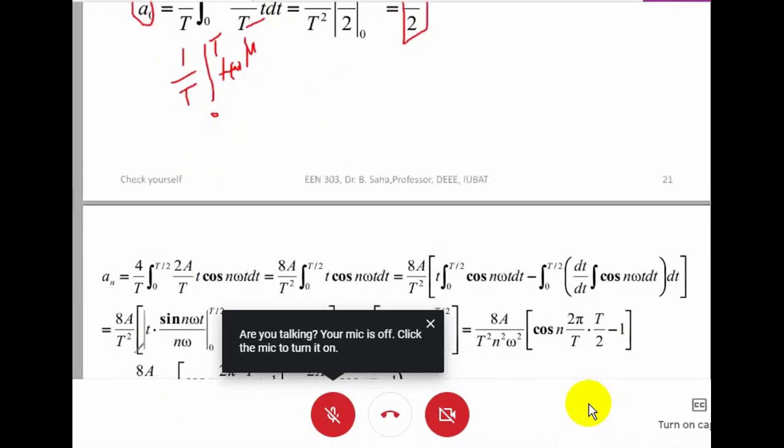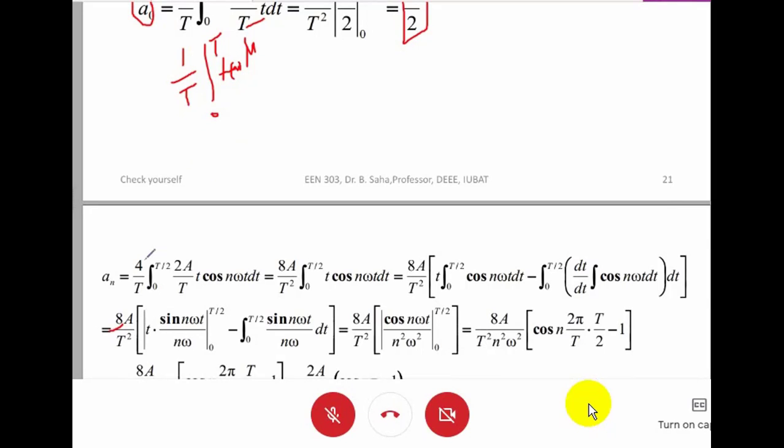This is A n. A n is 2 by T, integration 0 to T. Here it will be 2 divided by T by 2, so it becomes 4 by T, integration 0 to T by 2 of twice A by T, t cos n omega t dt.